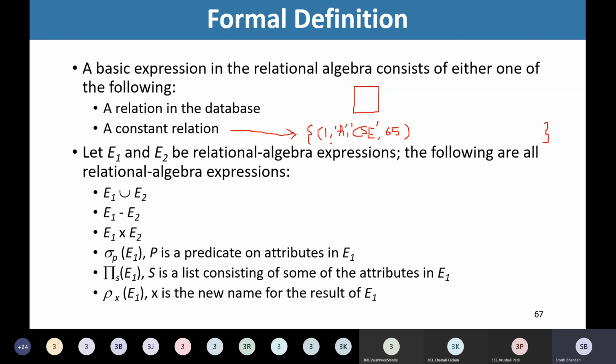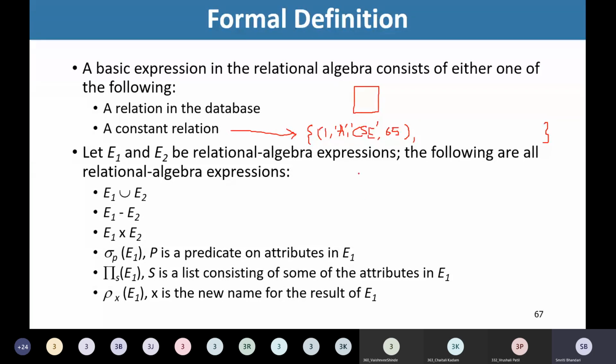So this is one tuple of my constant relation. In a constant relation, we directly provide the values for the attributes and create a relation. That's all. So while writing a relational algebra expression, we either have a relation in the database or we may have a constant relation.